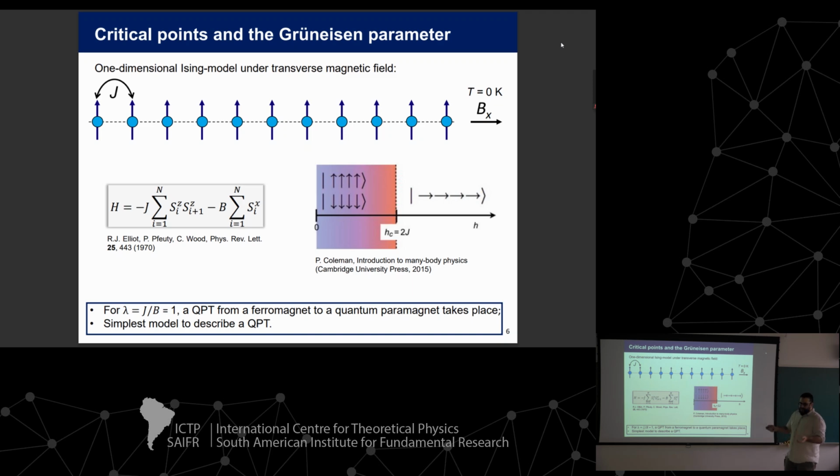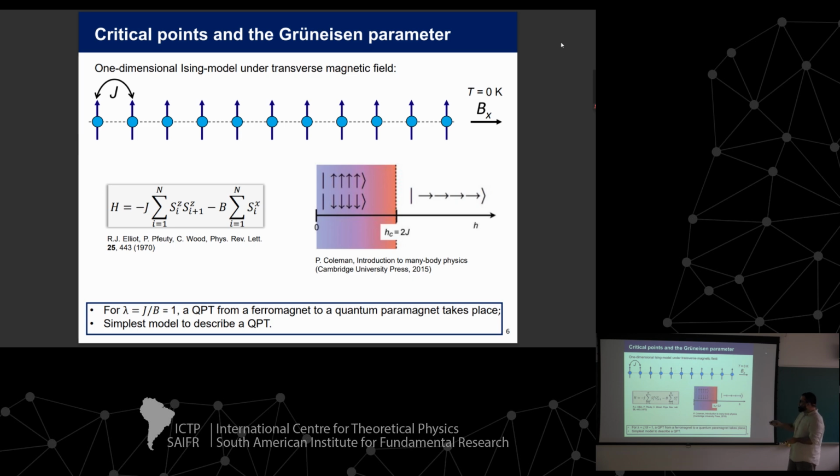This is, I think you all know, the Ising model, but more specifically, this is the one-dimensional Ising model, the quantum version of it with a transverse magnetic field. So let's assume the ground state is spins pointing in the up direction, and there's a magnetic field in the transverse direction.